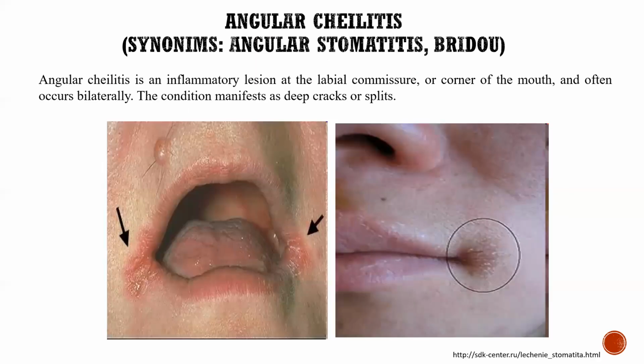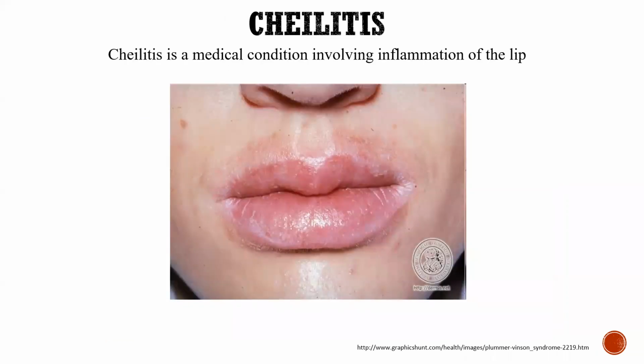Angular cheilitis is an inflammatory lesion of the labial commissure, or corner of the mouth, and often occurs bilaterally. The condition manifests as deep cracks and splits. Cheilitis is a medical condition with inflammation of the lip.